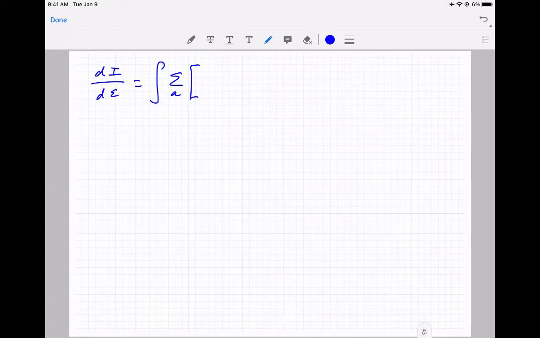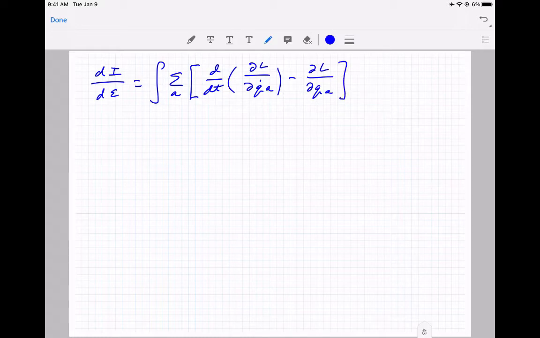So A labels the generalized coordinates: d/dt of the partial of L with respect to q dot A, subtracting the partial of L with respect to q A. All of this is multiplied by the variation function eta, and then integrated over dt. That was the end of the derivation that led us to Lagrange's equations, the Euler-Lagrange equations.